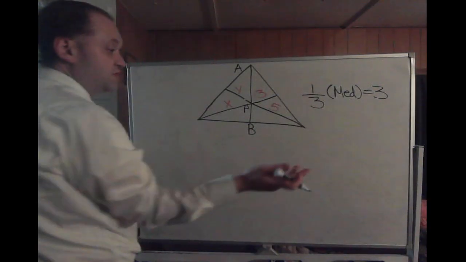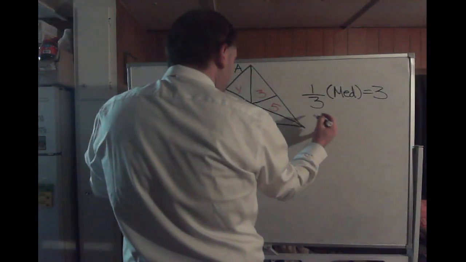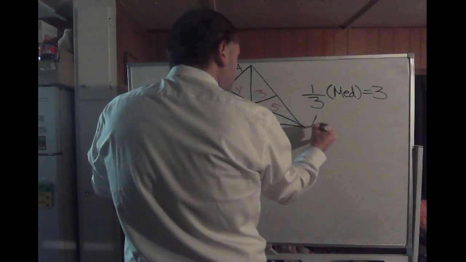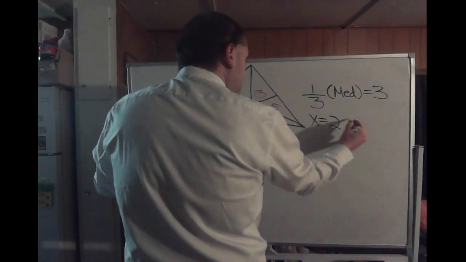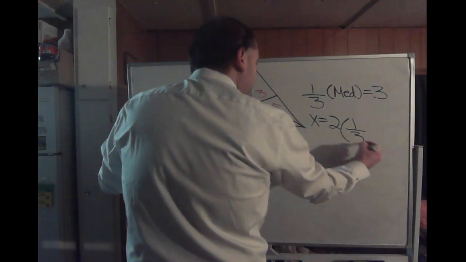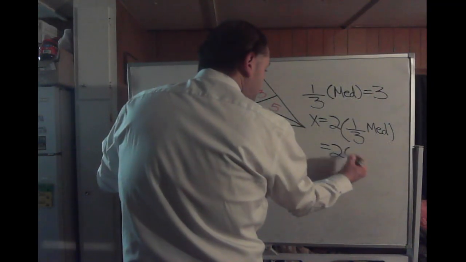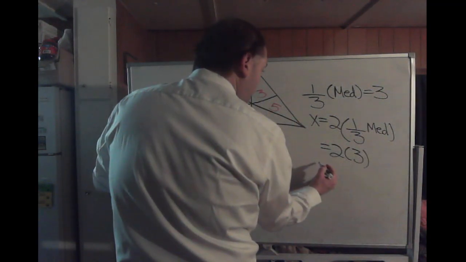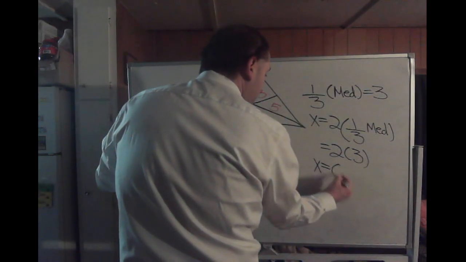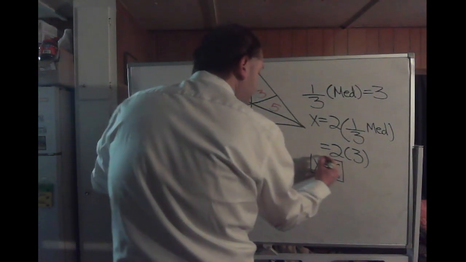To do 2/3 of the distance, you just multiply both sides by 2. So x would equal 2 times a third of the median, which would end up equaling 2 times 3, which means that x would have to have a length of 6.